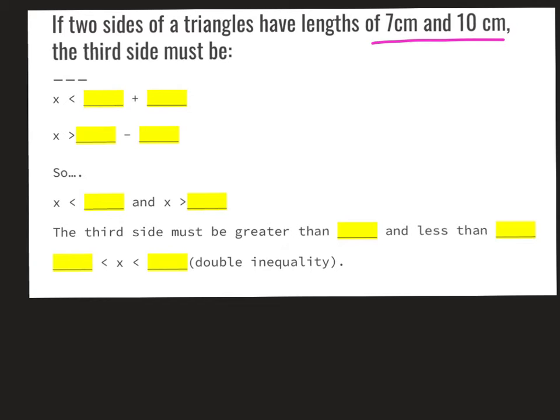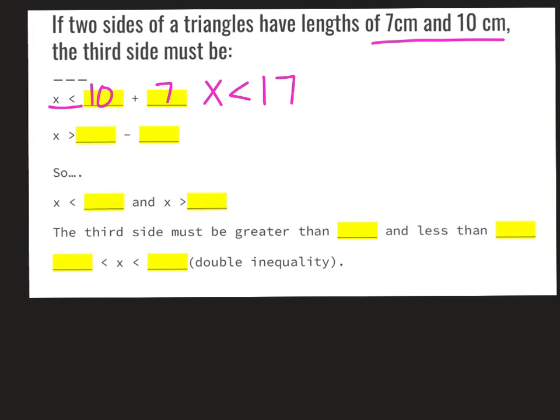In order to do that, we're going to add our 2 numbers. We take our 7 and our 10 and add them together. 10 plus 7 gets me 17, and I'm going to bring over my x and my inequality sign. That tells me my x values could be anything less than 17.